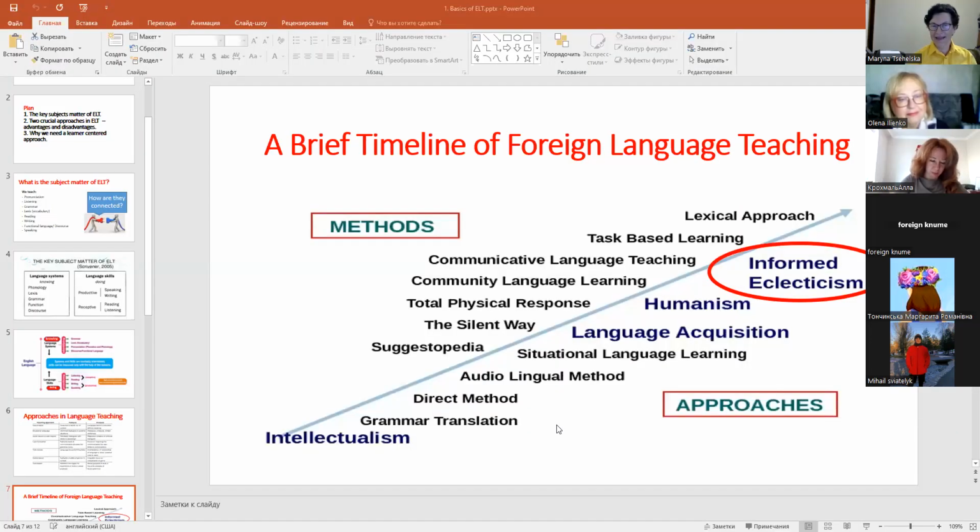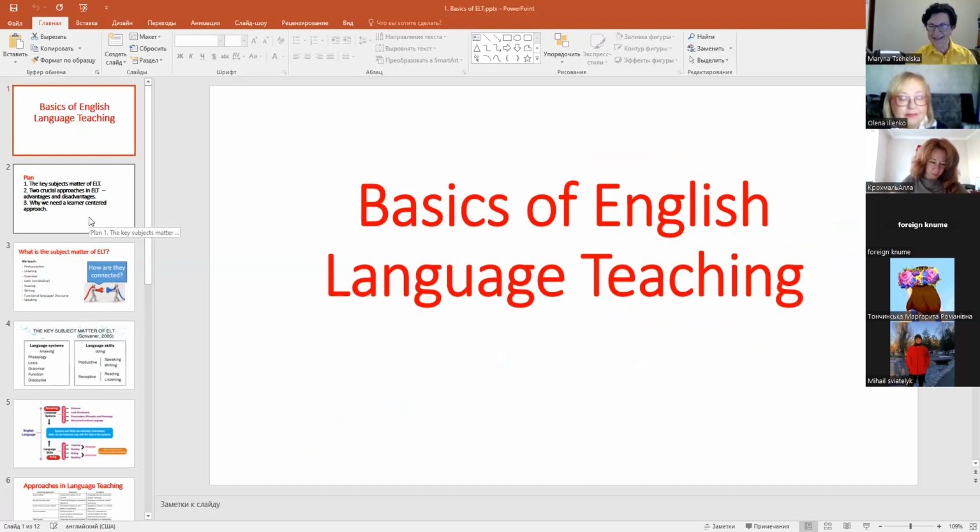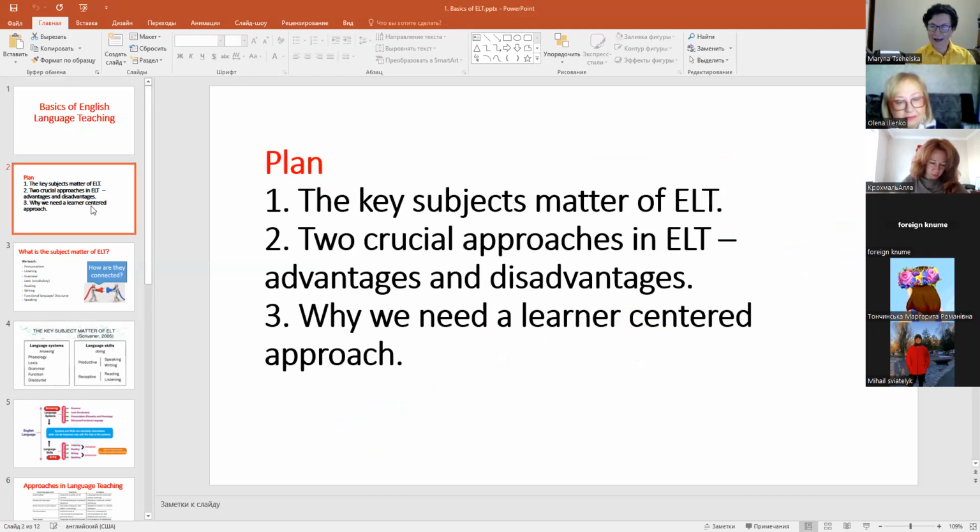But before I start talking about what I do today here as a teacher, I would like to check your knowledge on what we teach as teachers, and what is the key subject of English language teaching, and discuss a couple of approaches, and then we'll go down to modern ways of teaching.